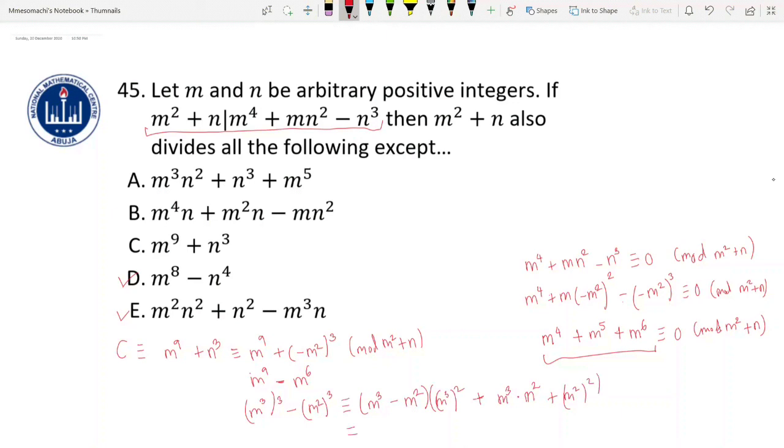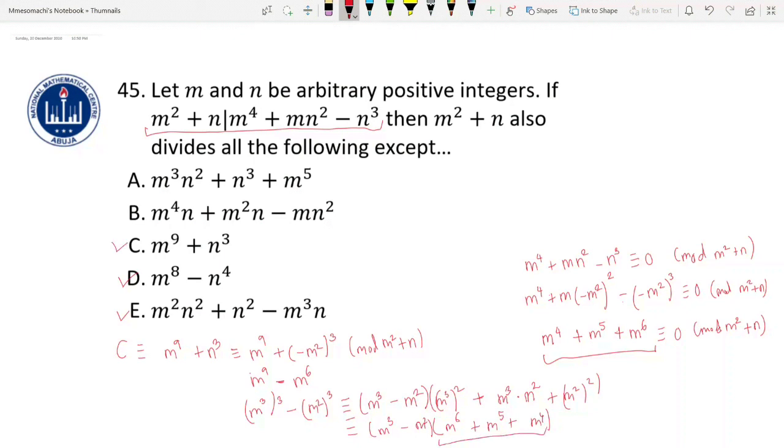So this is congruent to m cubed minus m squared, and this will be m to the sixth power plus m to the fifth power plus m to the fourth power. Okay, and here again we have that this is 0 from here, so C works.